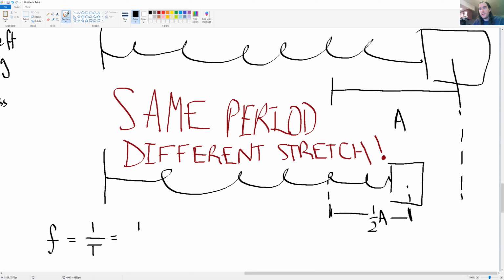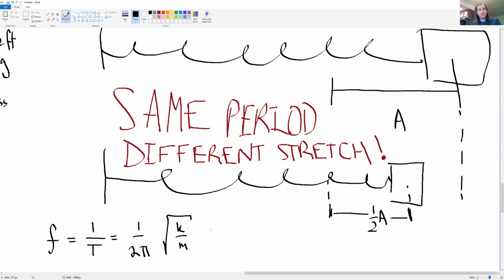This quantity would then be 1 over 2 pi square root of k over m. Now, frequency has units of hertz, as we mentioned before.